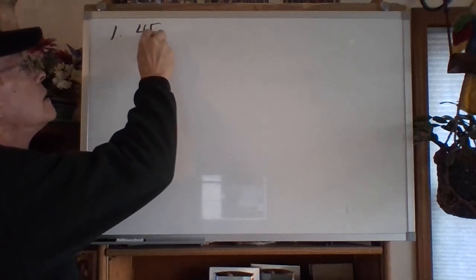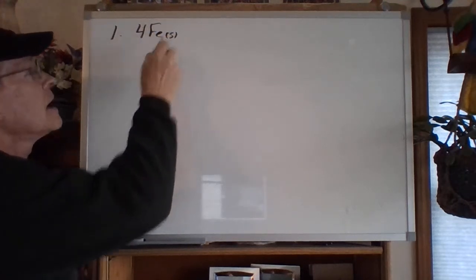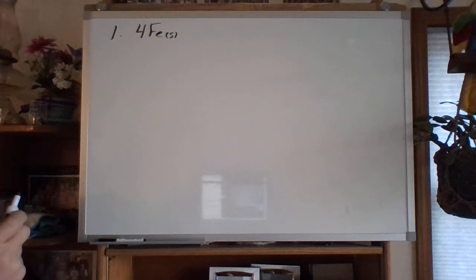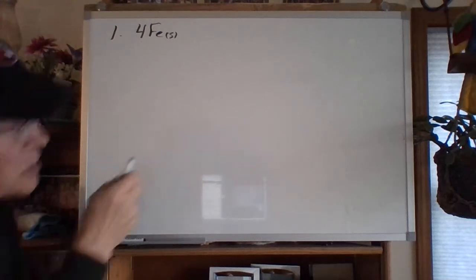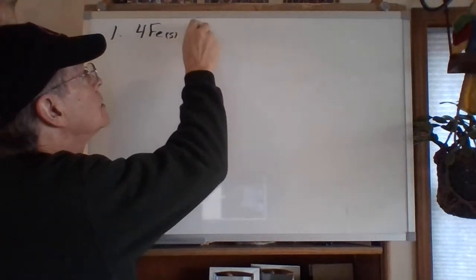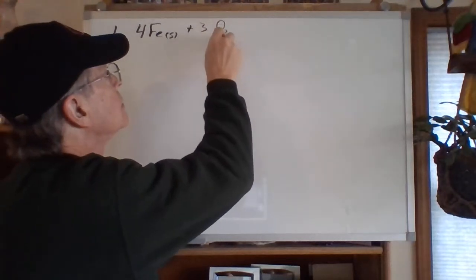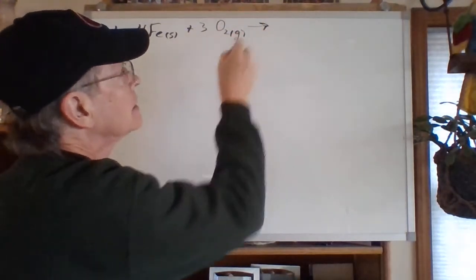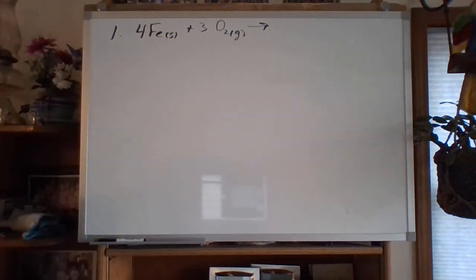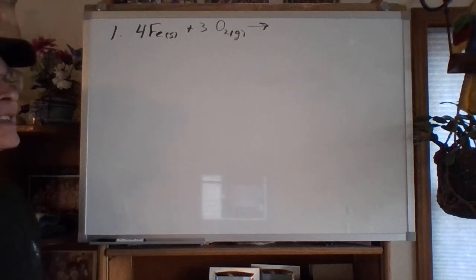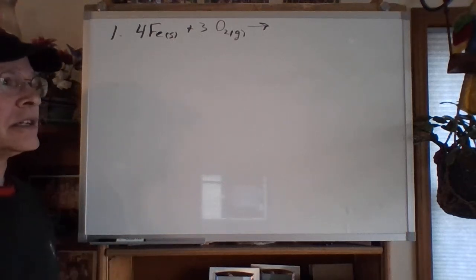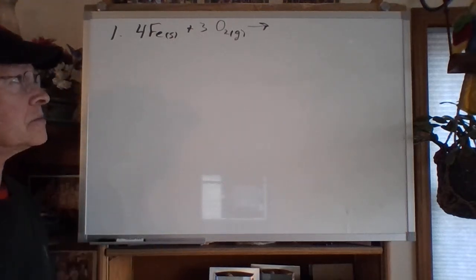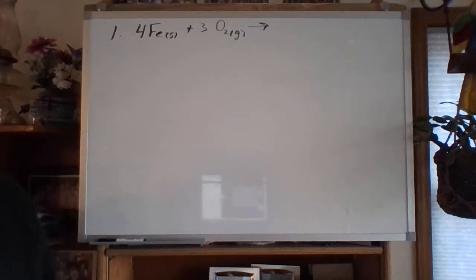4Fe, which is a solid, plus 3 O2s, which is a gas. And of course, there's a lot of other things, catalysts and stuff involved in the reaction. Water, for example, a little bit of acid or base can facilitate this.